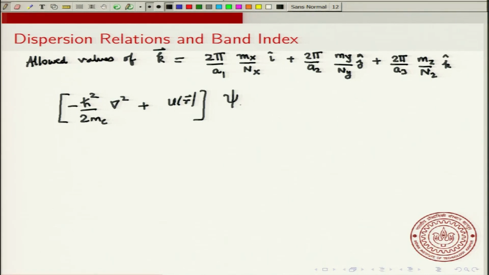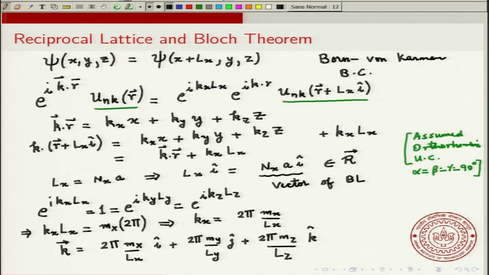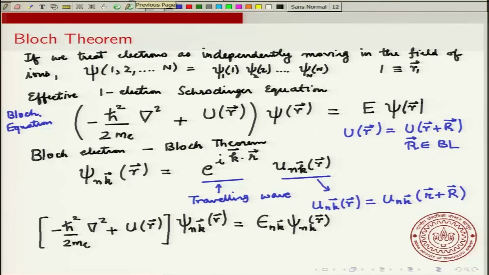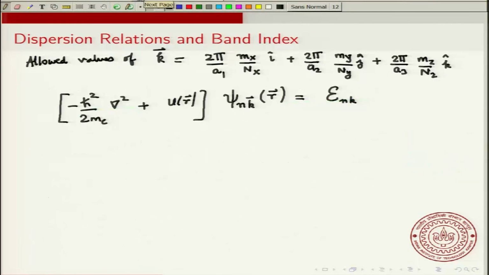let us say I have psi n k of r is equal to, now I will write this as epsilon n k, just to make sure I use the same notation, I use epsilon, times psi n k of r.